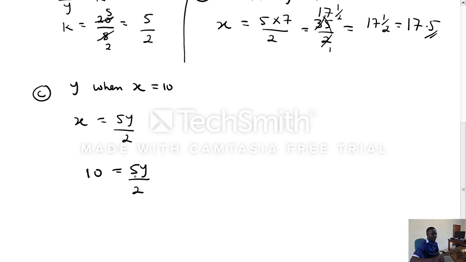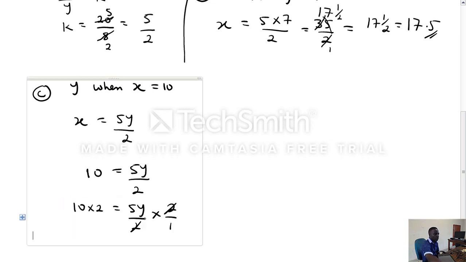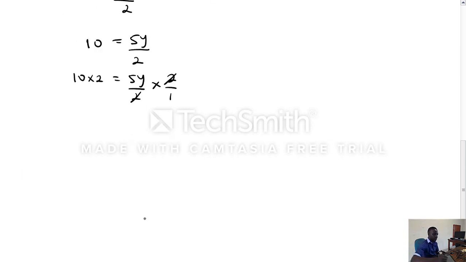We'll now make 5y the subject of the formula by first of all multiplying both sides by 2 to get rid of the fraction, and this becomes 10 times 2 is equal to 5y divided by 2 times 2 over 1. 2 will cancel out and we'll have 5y to be equal to 20.